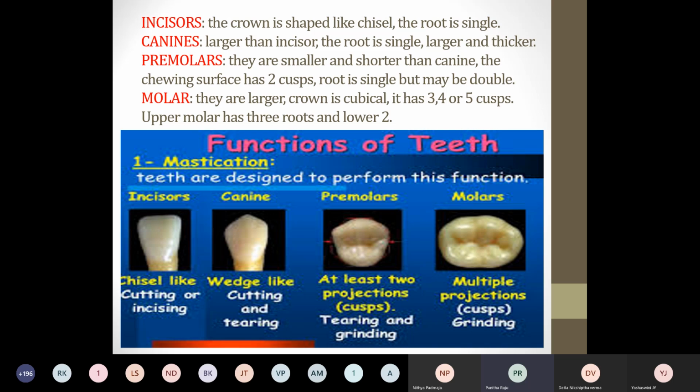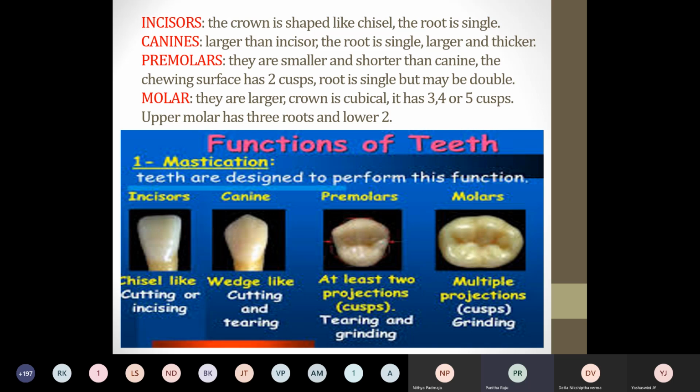The canine is usually a little larger than the incisor, and here too the root is single but larger and thicker. The premolars are also called bicuspid teeth because they have two cusps. The root is single, but in a few people it may be double.